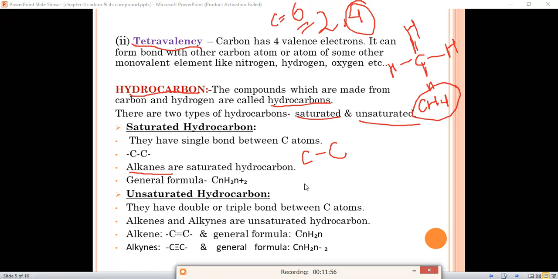CnH2n+2. By this formula we can calculate the number of atoms of carbon and hydrogen. This is the general formula of alkanes. And saturated hydrocarbons are less reactive than unsaturated hydrocarbons.